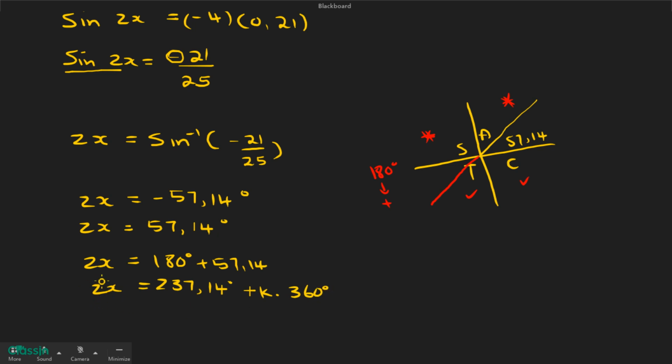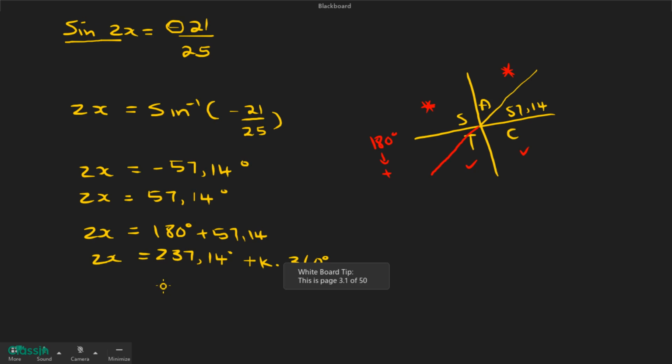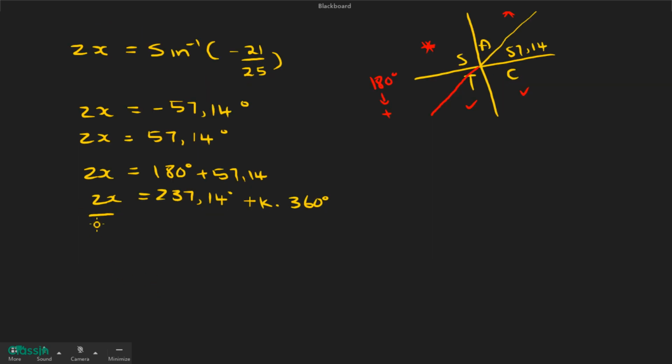But now, we are looking for the value of x, not for the value of 2x. Therefore, we divide this by 2, we divide this by 2, and we also divide this by 2.